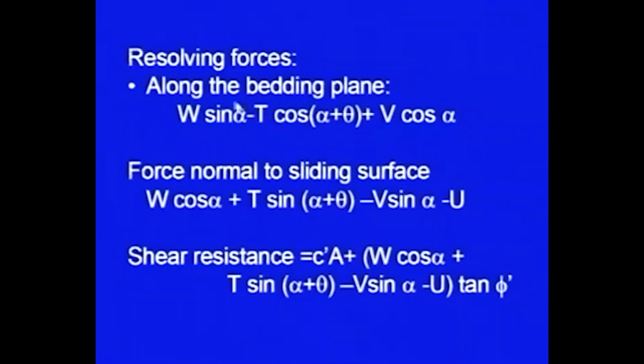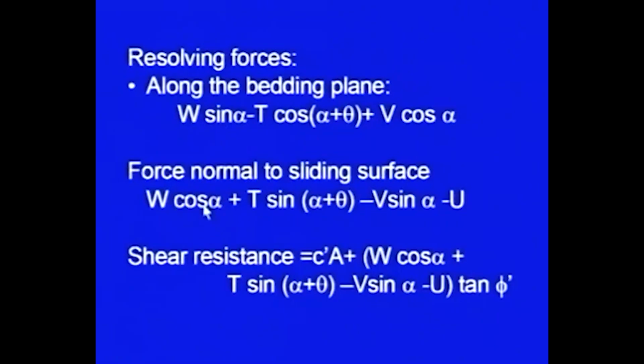So, along the bedding planes, the total components will be W sin alpha minus T cos of alpha plus theta plus V cos alpha. Now, to find out the shear strength along the joint plane, we have to find out the force which is acting normal to it. So, the force normal to sliding surface will be W cos alpha. So, like it was W sin alpha.